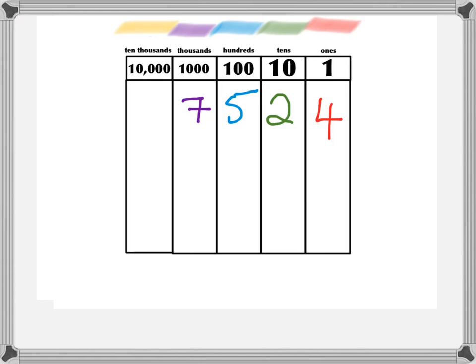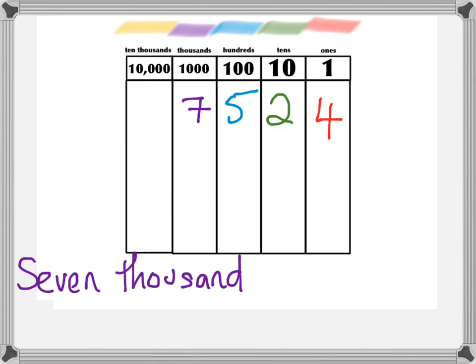So in the same way that we said 524, we're now at the start going to say 7,000. You'll notice we're reading from the left. We've got 7,000, but we've also got 500, so we can say 7,500.